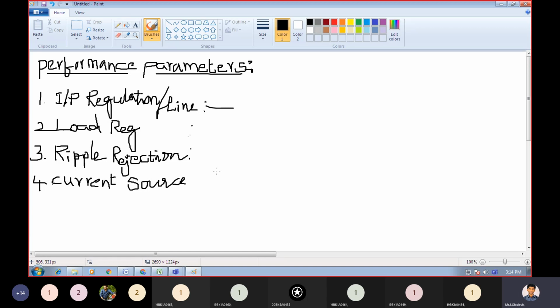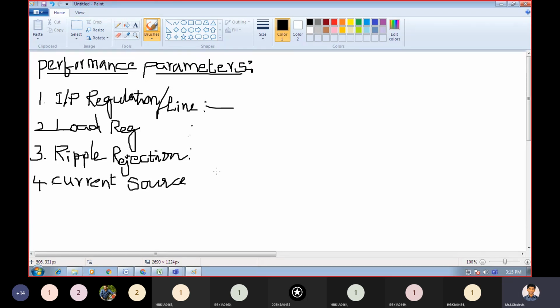Next, current source. You already saw the diagram for the fixed series voltage regulator, right? In that you have three fixed terminals.